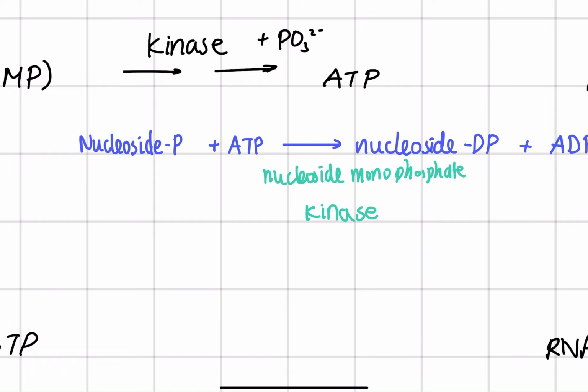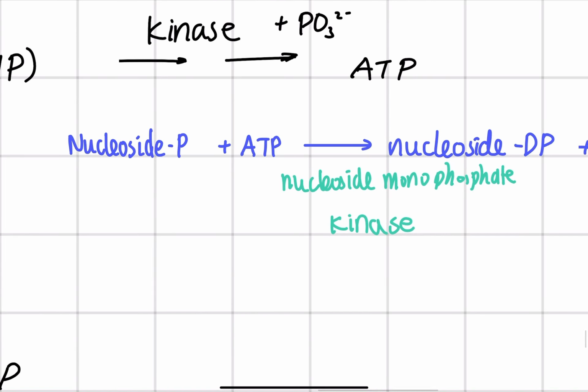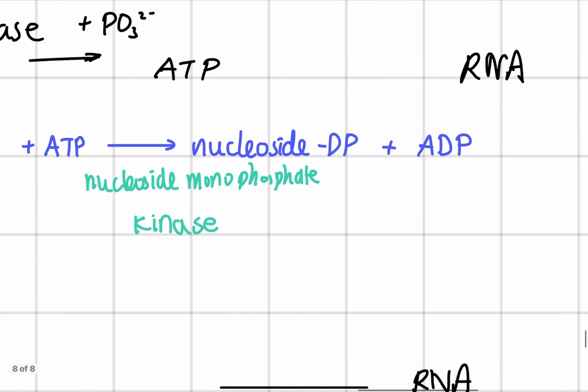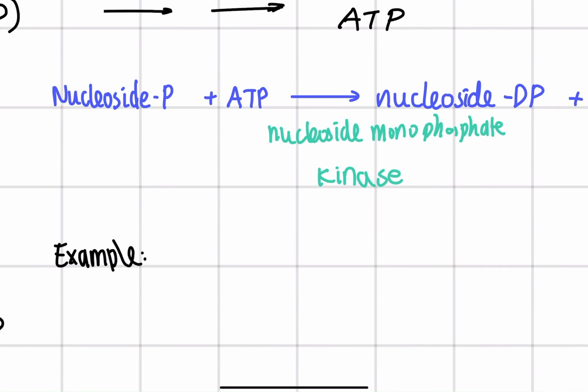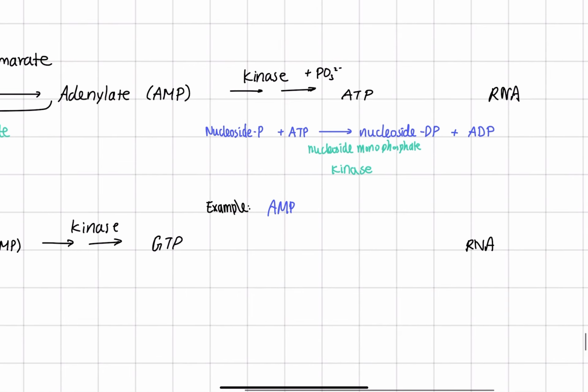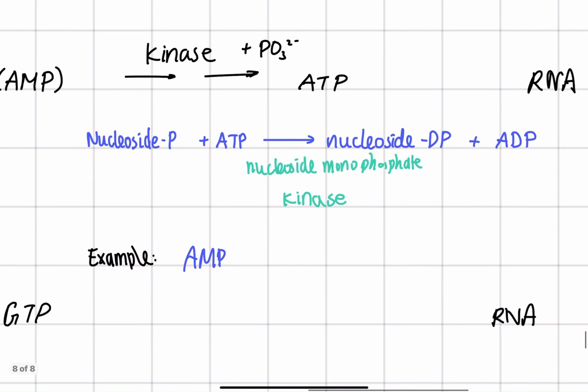And here's an example of how you can make nucleoside diphosphate. Here, let's see. You have AMP, which is adenylate monophosphate, right?